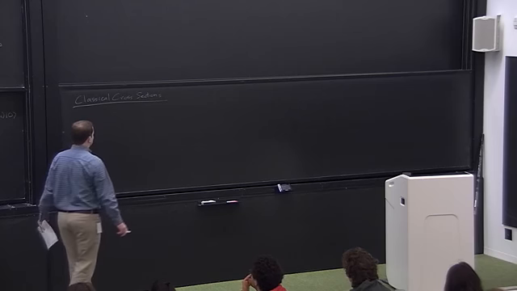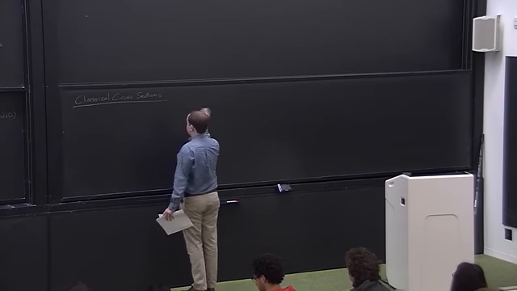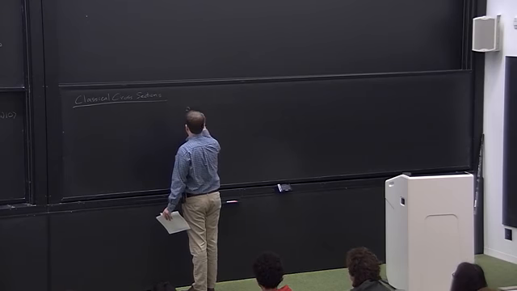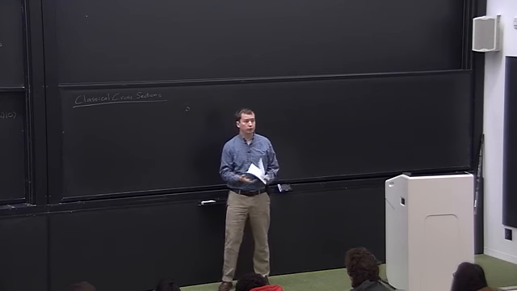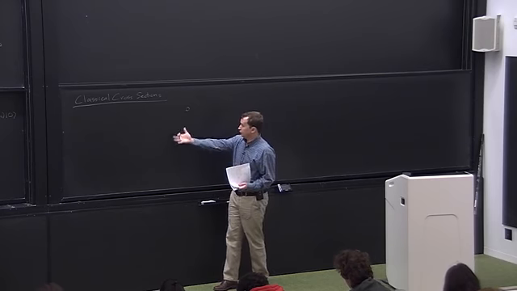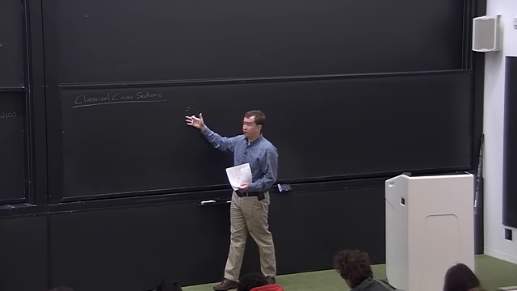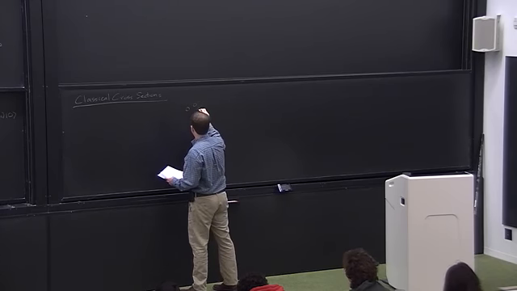The type of setup we have in mind is, it'll be convenient to work in a frame where we're colliding two beams of particles. Let's just work in the frame where one of the beams of particles is at rest. So we can imagine we've got some spherical targets here.